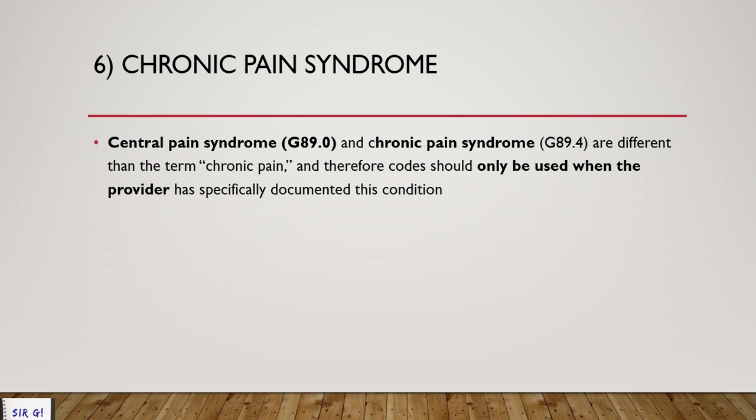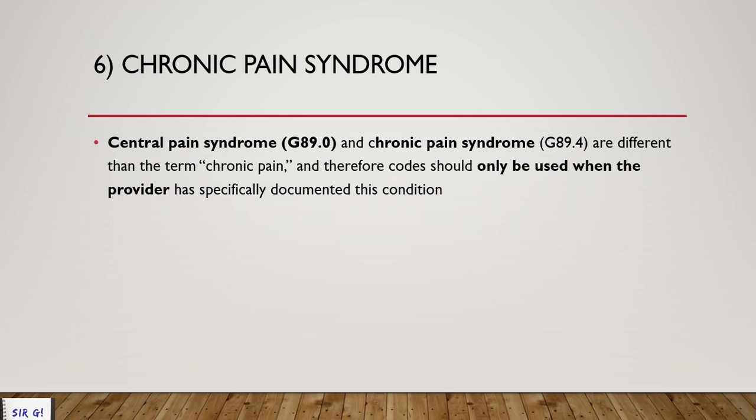It's not a substitute for your chronic pain code. Remember that, because I encounter a lot of those codes every time I do my audits. Okay, so that ends your chapter 6.